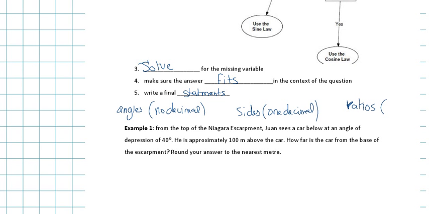So when you do sine 50, let's say, your answer should be to 4 decimals, or cosine 60 should be to 4 decimals. When you're answering sides, 1 decimal. When you're looking for the angle, just leave it to the nearest degree. Ratios, 4 decimals.